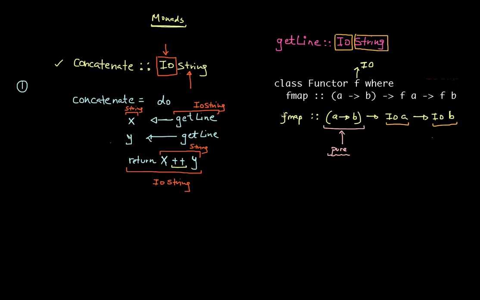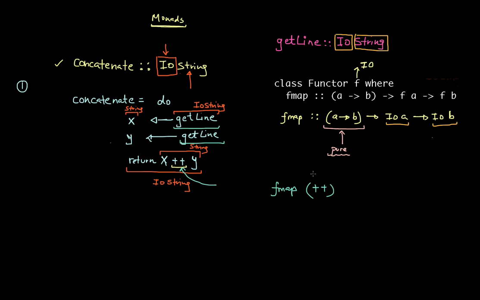Can I combine this idea with what I did previously, where I had the ++ operator as my pure method, and two impure terms, getLine and getLine, which are my IO strings? If I use the idea of fmap here, I can call fmap by passing in ++, which is my concatenation.